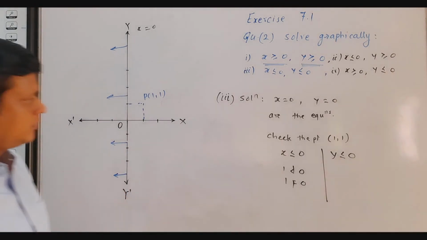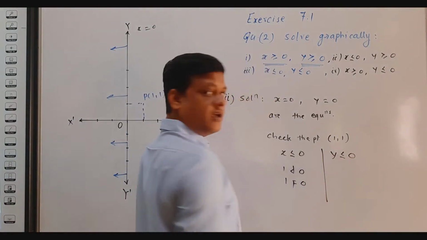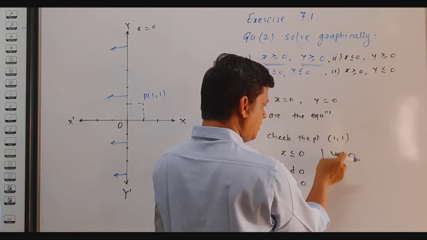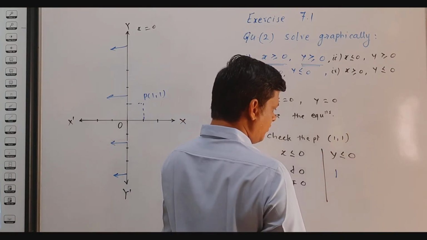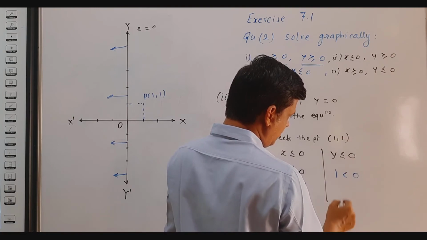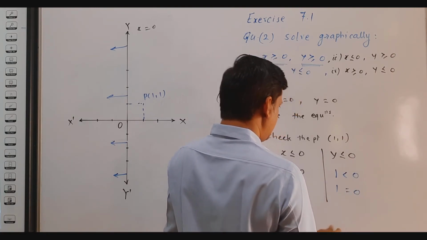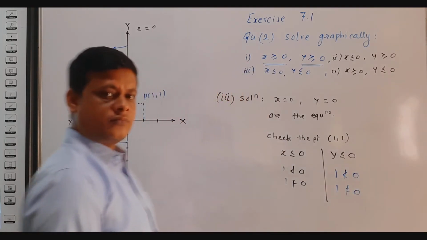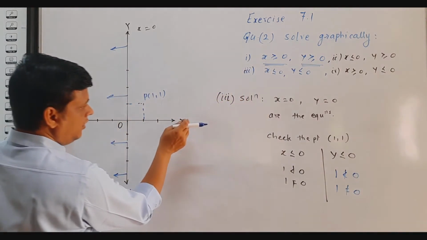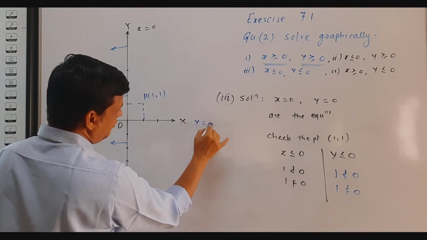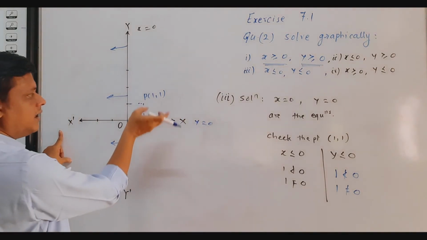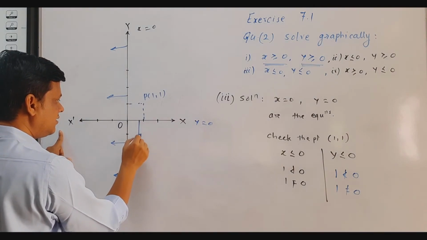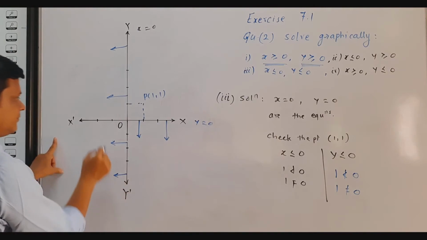Now we have to check this second inequality, y less or equal to 0. So when we substitute y as 1, is 1 less than 0, is 1 equals to 0? Here again both conditions are not satisfied. So equation of x-axis is y equals to 0. So point is above the x-axis. So we have to mark below this x-axis.